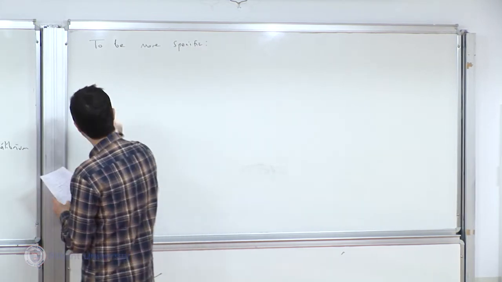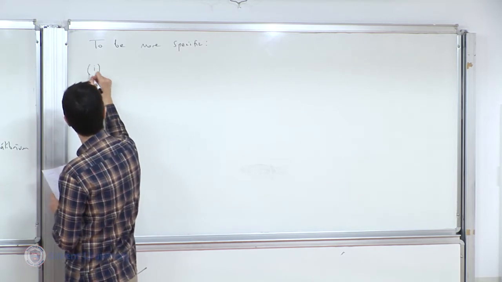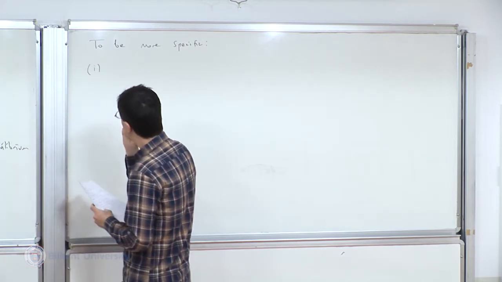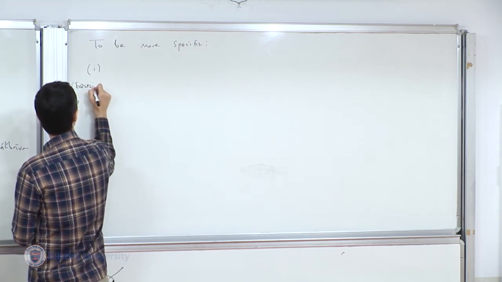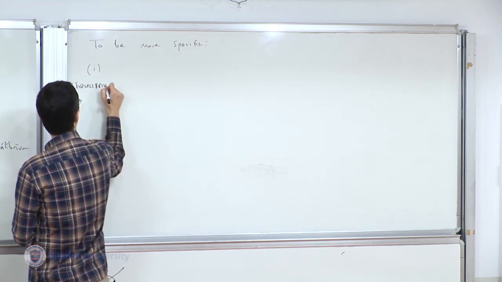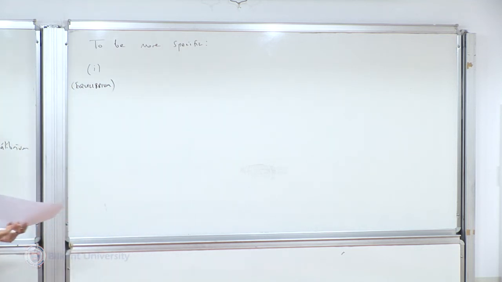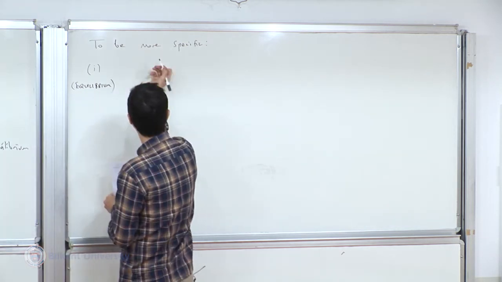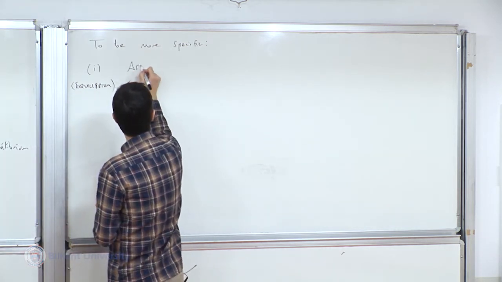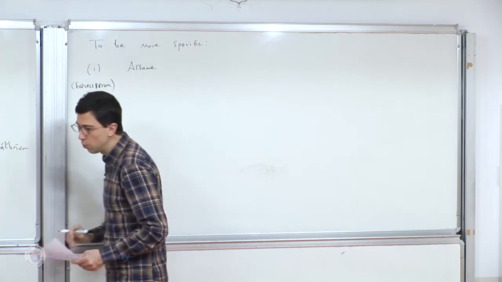So let's be more specific and go with step number 1. Step number 1 is equilibrium, essentially. How do I ensure that I enforce equilibrium from the outset with a stress field? So the first step is that I will assume.